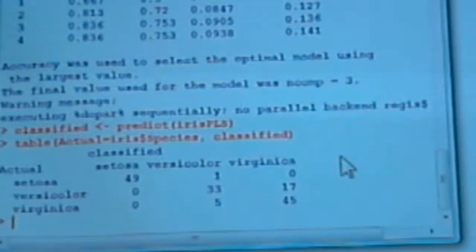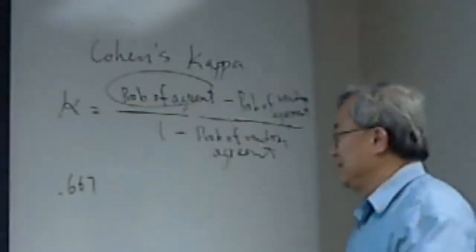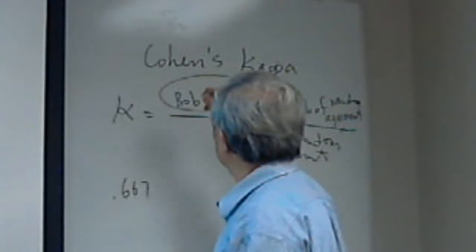For the two classes case, it is the so-called Cohen's kappa. The 3 classes case is called something else; this is for the 2 classes case.